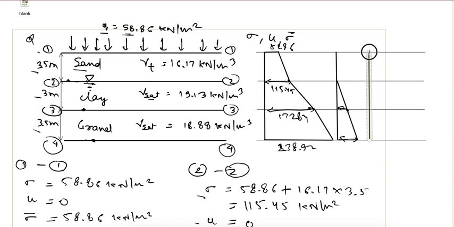So up to the zone where there is no pore water, it will be equal to the total stress, and after that it will be less than the total stress. So this way we can plot these diagrams.